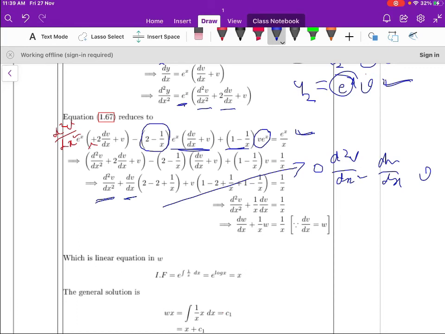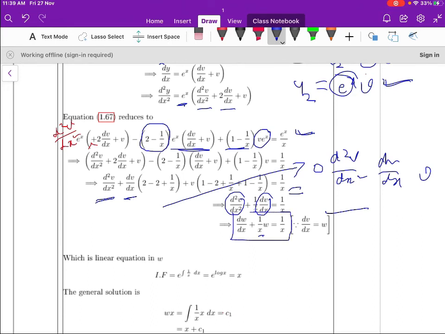So this implies d square v by dx square plus 1 by x into dv by dx is equal to 1 by x. Easily we can reduce the order of the differential equation by taking dv by dx equal to w. Therefore this is nothing but dw by dx plus 1 by x into w is equal to 1 by x.